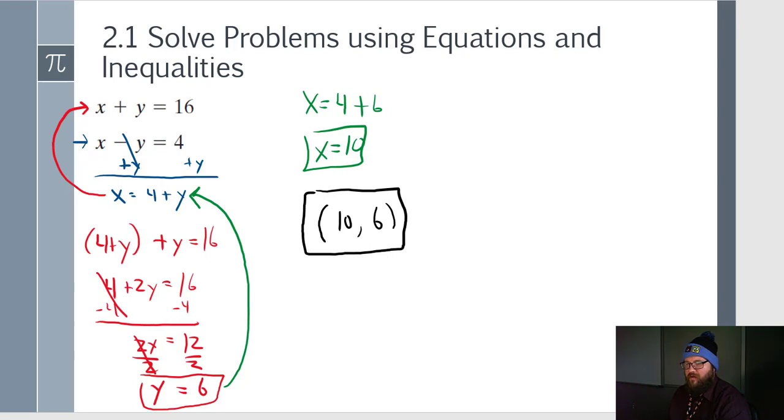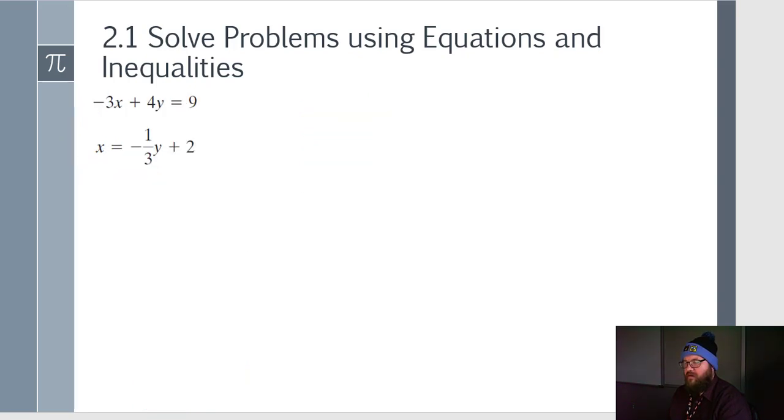Alright, we'll do another one here. To solve for these two, I don't even need to solve for an initial variable because it's already been done for me. The second equation that's listed there shows x equals negative 1/3 y plus 2. I can take this value for x and substitute it into this equation.